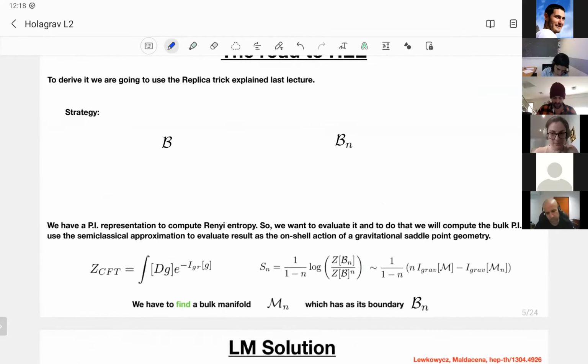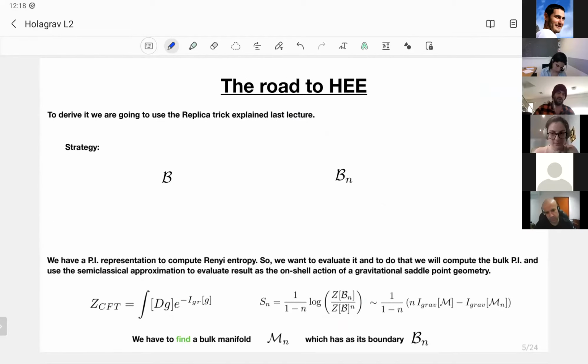So now we are going to see how the holographic equation appears. What you have to do to obtain that the minimal area of a surface is the holographic entanglement entropy. I'm just going to draw here what we said yesterday about the replica trick.